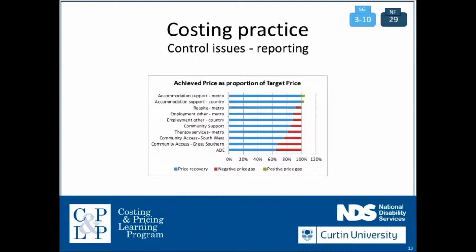In this particular example, and again this example is available in the study guide and is calculated off of the macro case study, you can see that on this basis 2 accommodation support products are actually achieving a positive price gap, whereas most of the products are achieving a negative price gap, with none simply being in that neutral position where the price equals the amount required to be recovered.